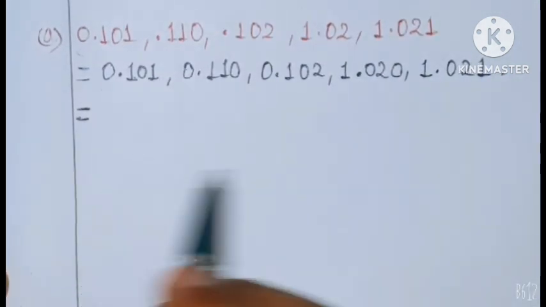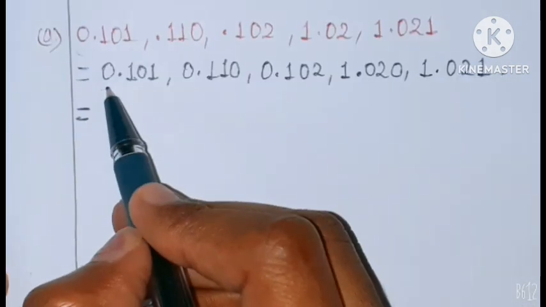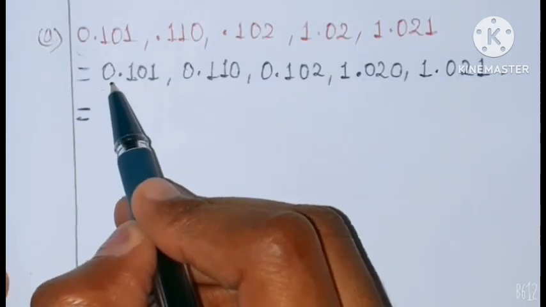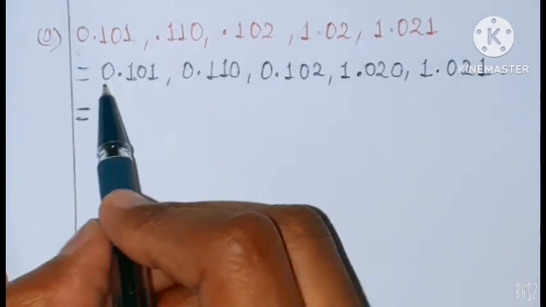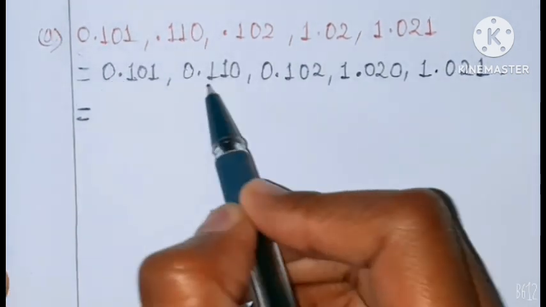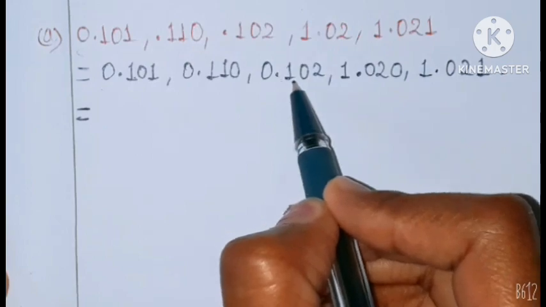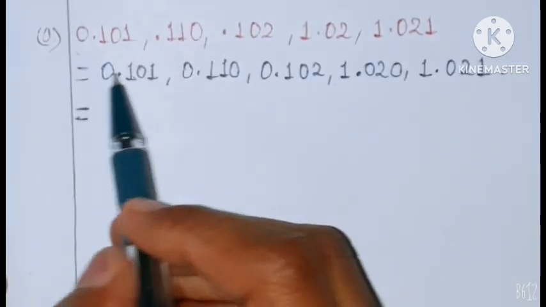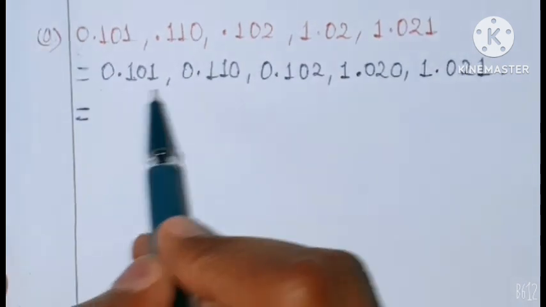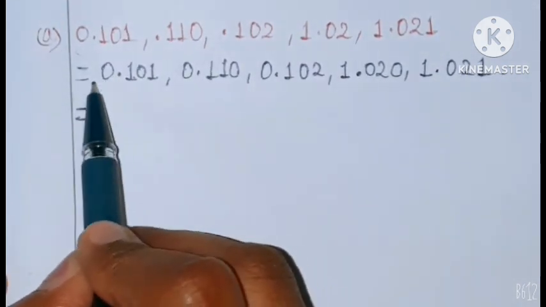Firstly we know that the number which has 0 before the decimal is the smallest number. So here 0.101, 0.110 and 0.102. In all three of the numbers you can see that 0 is given before the decimal.